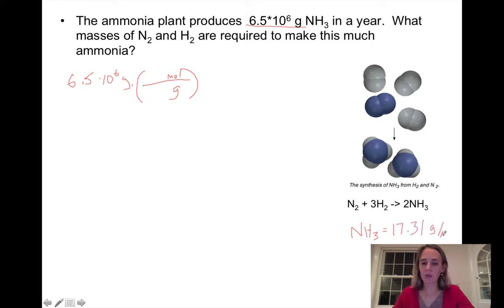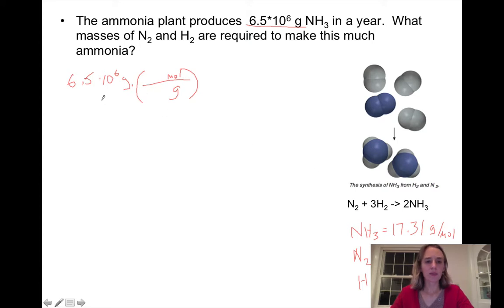And while I'm talking about molar masses, we're also going to end up needing the molar masses for the diatomic nitrogen molecule, and that molar mass is 28.014, doubling the molar mass of just nitrogen by itself. And we'll also need hydrogen, and that molar mass is 2.016 grams for every 1 mole. So we'll need those numbers for sure.